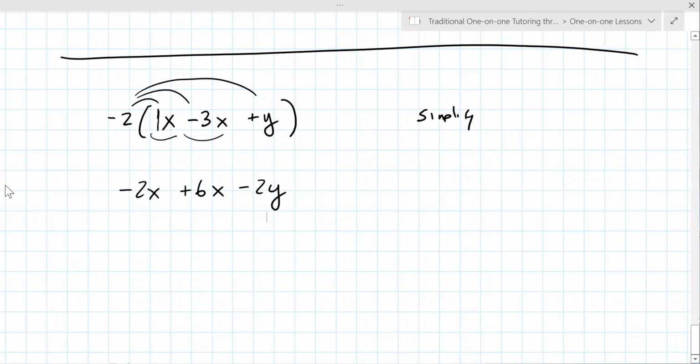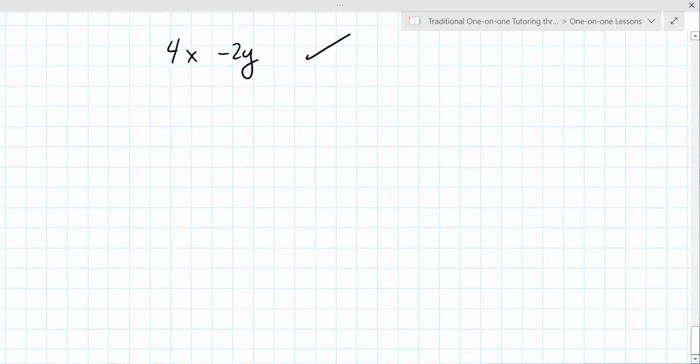Now you can only combine the x's because they're the same. So -2x plus 6x becomes 4x minus 2y. And is that the final answer because you can't combine them? That's right. You can't combine them.